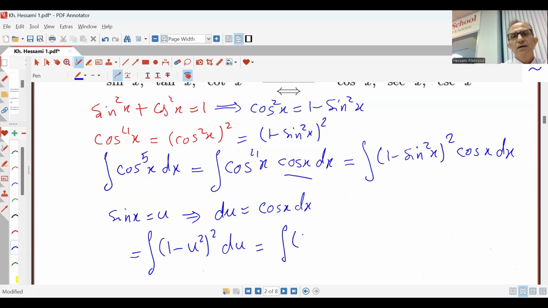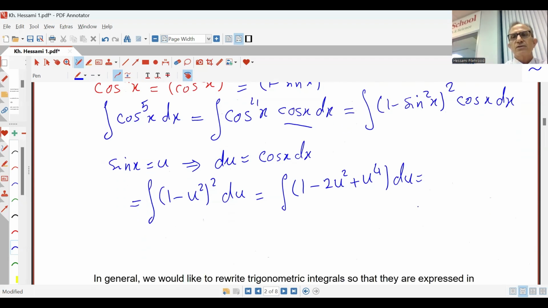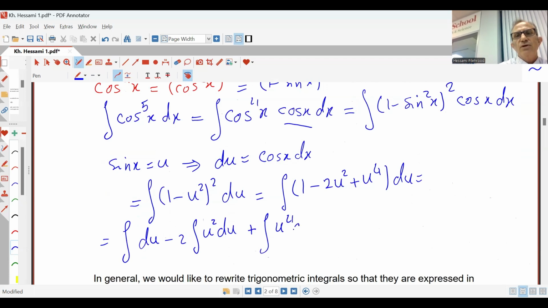We'll have the integral of 1 minus 2u squared plus u to the power of 4 du. As you know, the integral of a sum equals the sum of integrals. So we can write the integral of du minus 2 times the integral of u squared du plus the integral of u to the 4 du.